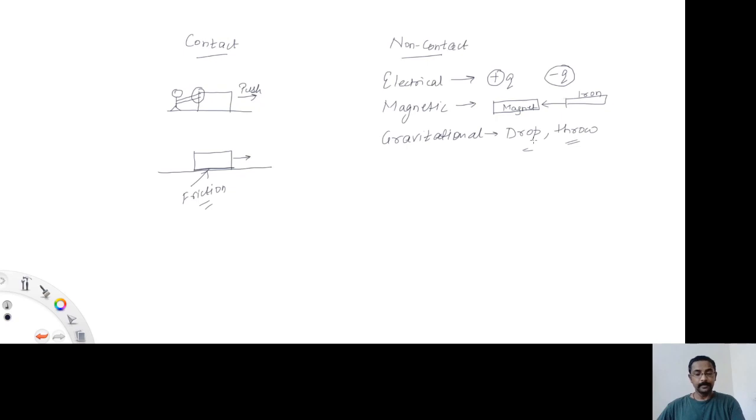Now, we'll be dealing with some more types of contact forces. Here they are. Let us say the frictional force. A frictional force happens when we have two objects or two surfaces in contact with each other.